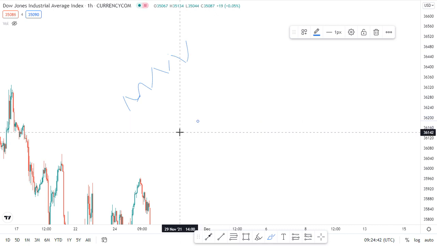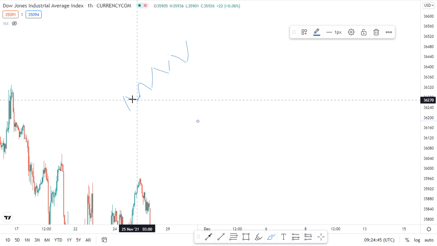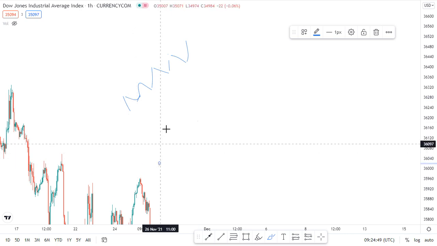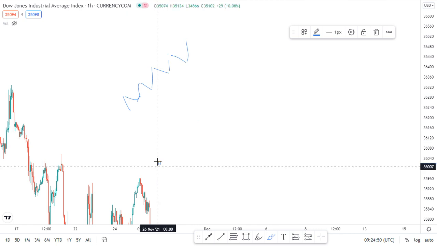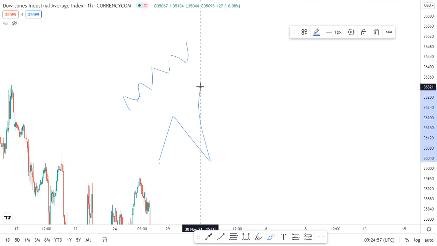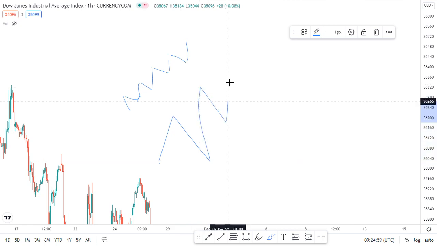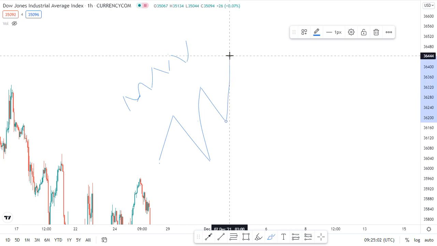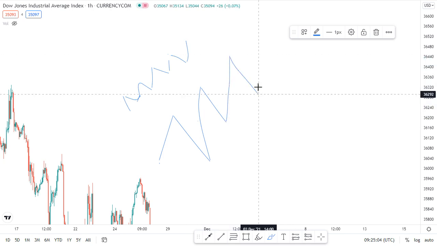So when we talk of an uptrend market, we are referring to this: when the market is creating higher highs and higher lows. You can see that this is an uptrend.